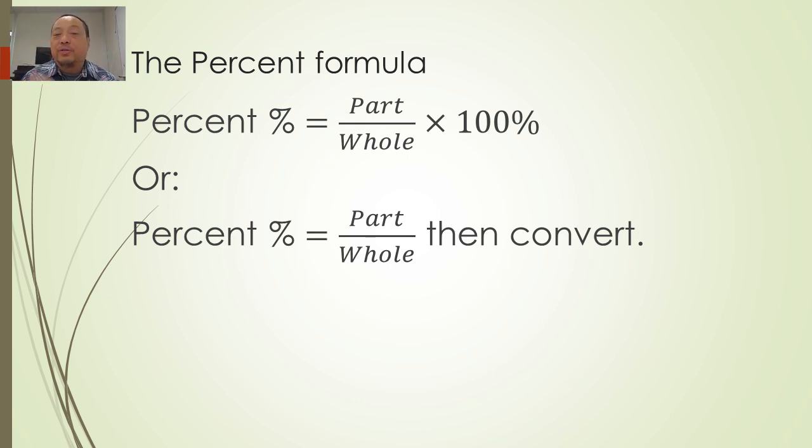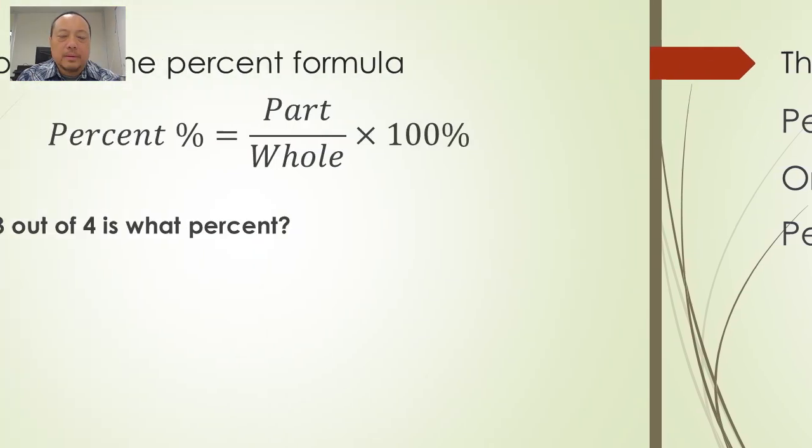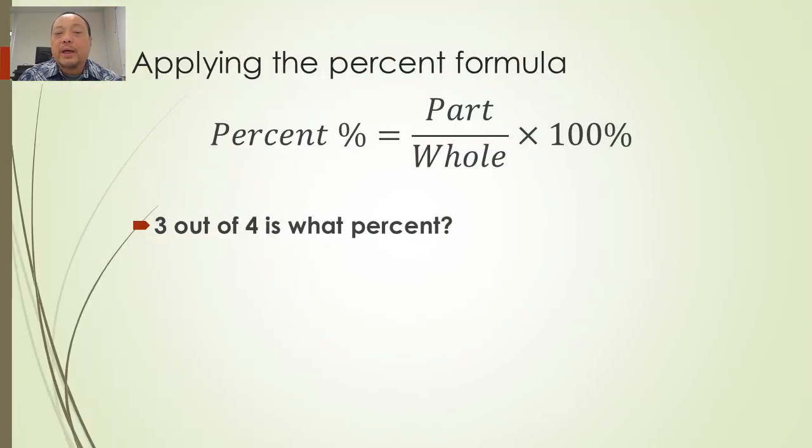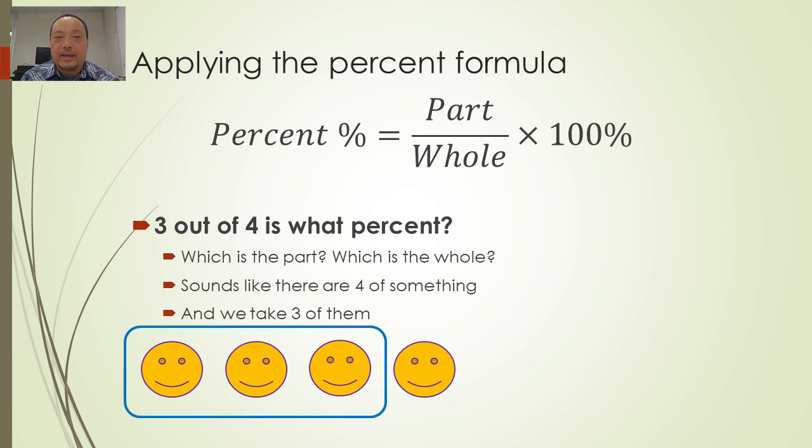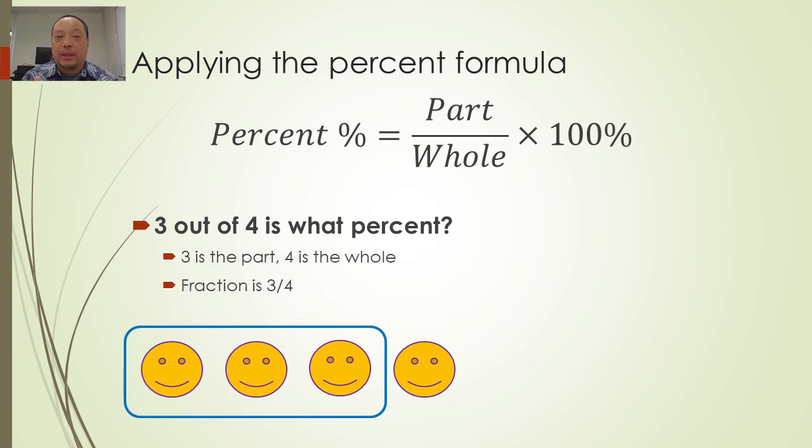Now let's apply it to solve some problems. Example, 3 out of 4 is what percent? Well, let's apply the formula. We have the number 3 and the number 4. Which one is the part and which one is the whole? The way the question is phrased, it sounds like we have 4 of something, and then we take 3 of them. That means the fraction is 3 over 4. Part over whole equals 3 over 4.